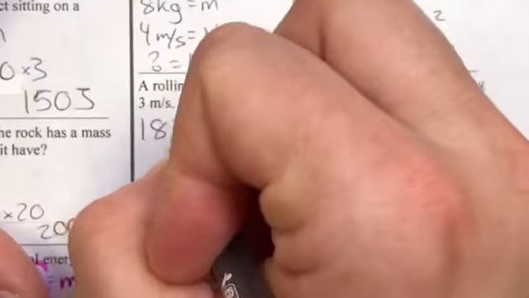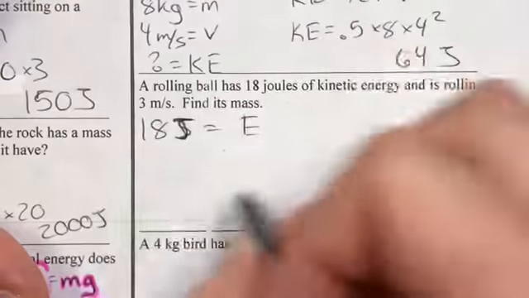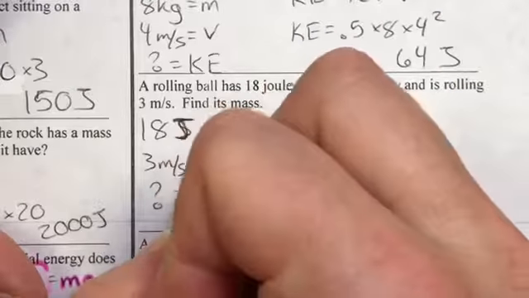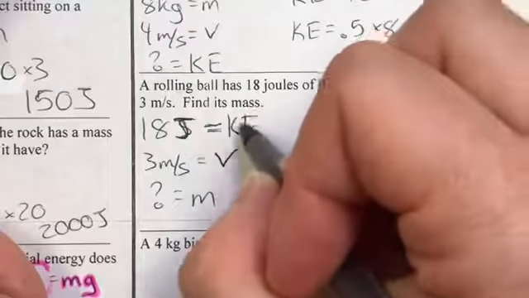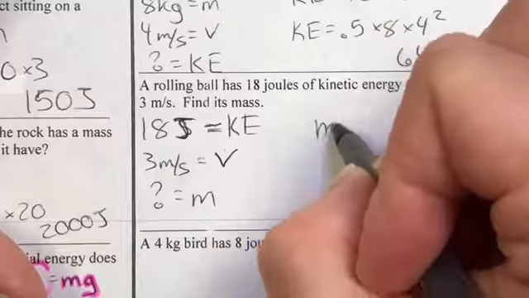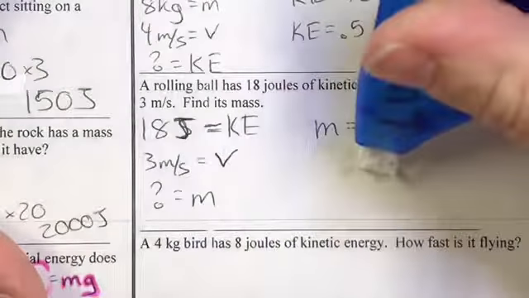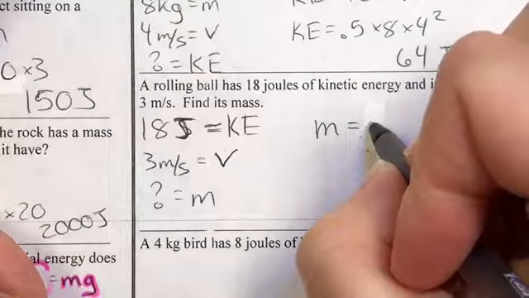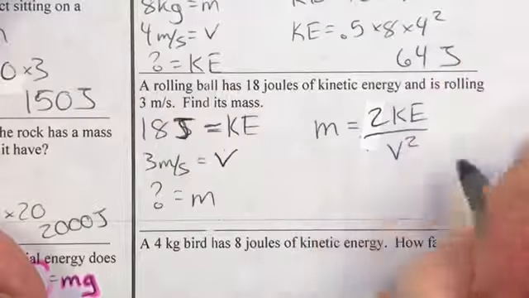We have 18 joules of energy. 3 meters per second is velocity. Question is asking for mass. If it's got velocity, this is our kinetic energy. So we need the kinetic energy formula rearranged to solve for mass. That's in your notes. Mass is equal to 2 times the kinetic energy divided by the velocity squared.